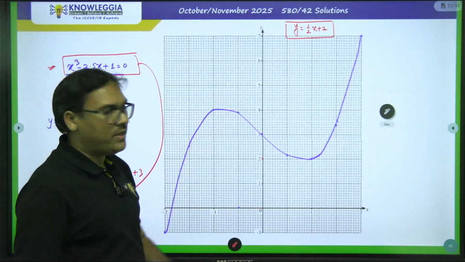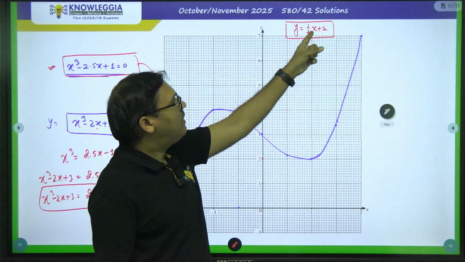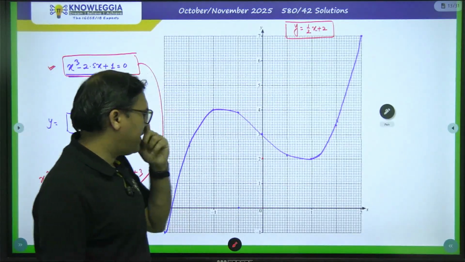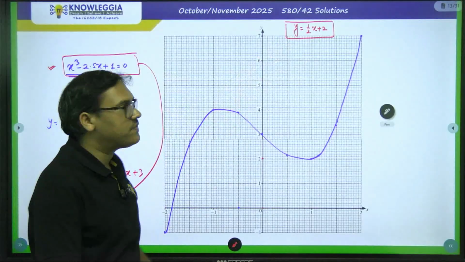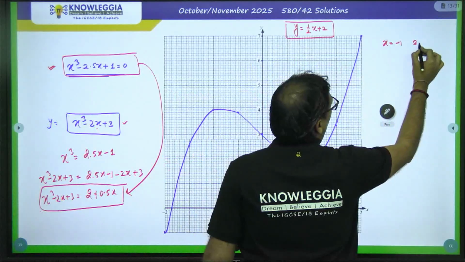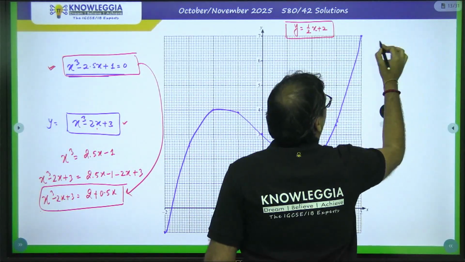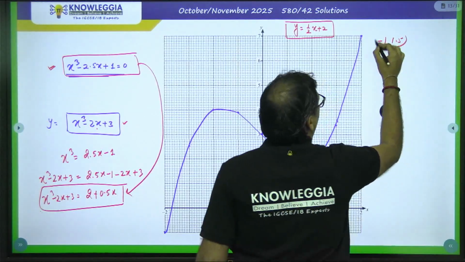And you can take one more point. So at x equal to, let's say, minus 1. If I put minus 1, at x equal to minus 1, this will be 2 minus 1 by 2, which is 3 by 2, which is 1.5. So minus 1 comma 1.5, right?